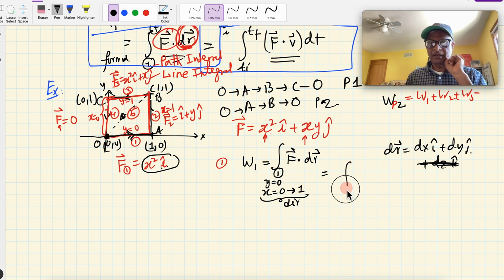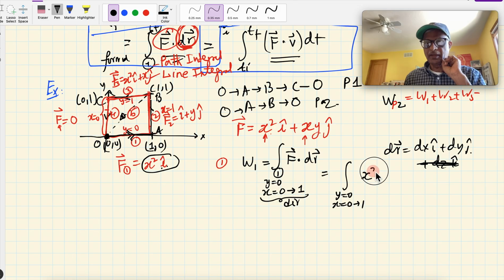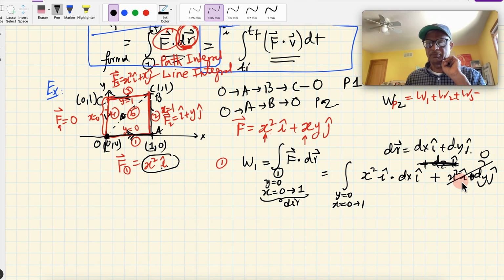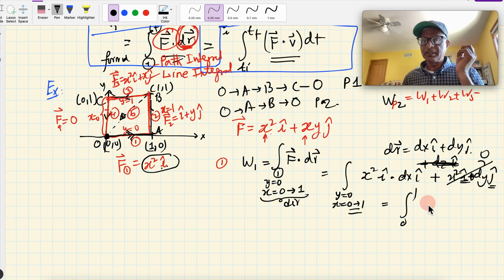So this is going to be y equal to 0, x equal to 0 to 1, and it's going to be x square i hat dot dx i hat plus x i hat dot dy j hat, and this is 0 because i hat dot j hat is 0. This integral I'm going to write this way, x square dx from 0 to 1, and it's going to be 1/3.